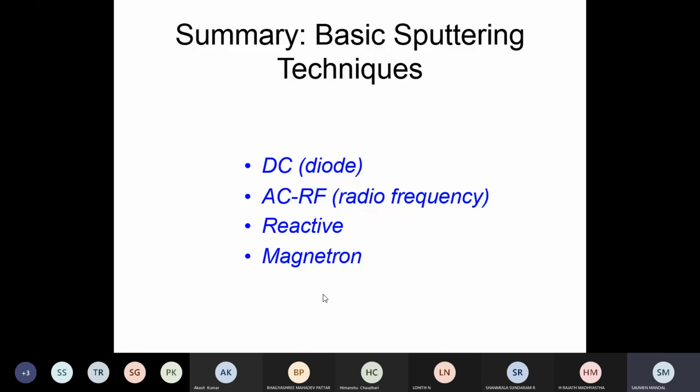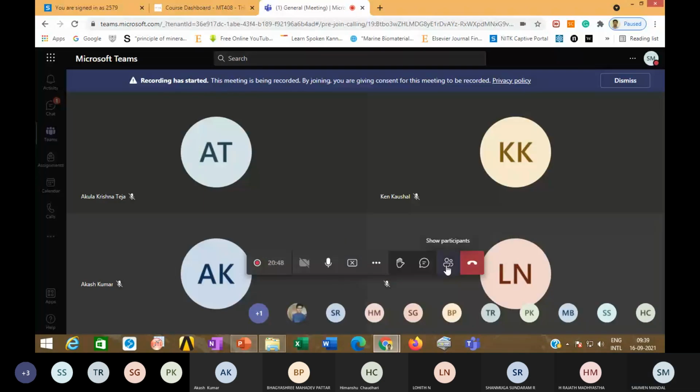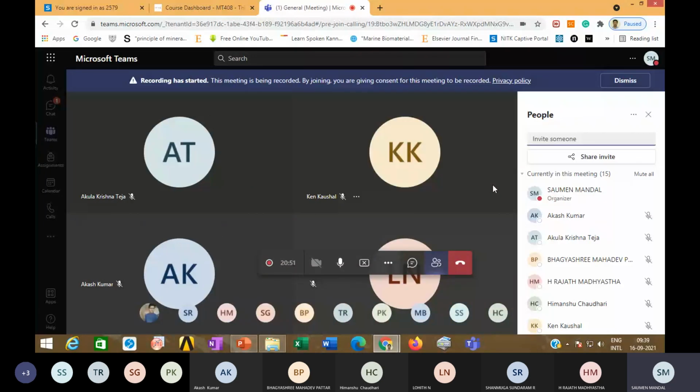I'll start with reactive first, followed by DC, AC and magnetron. That will be taught after your mid sem. Today's exam will be very introductory on sputtering. Up to today's class, it will be covered in your mid sem.